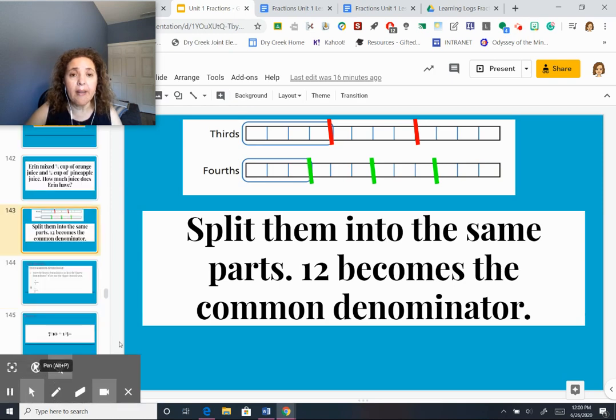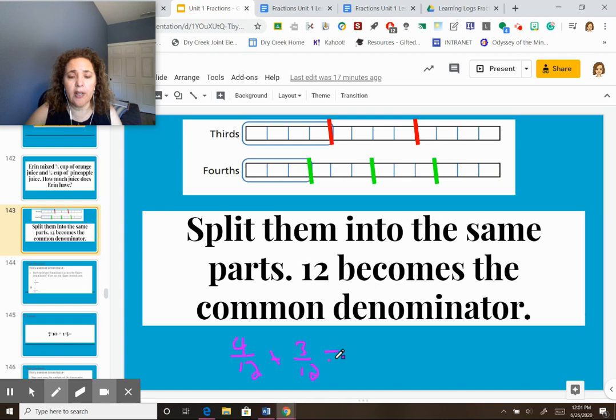Okay, so if I were to do this, now my thirds becomes 1, 2, 3, 4 12s. So it becomes 4 12s plus my fourths becomes 3 12s.